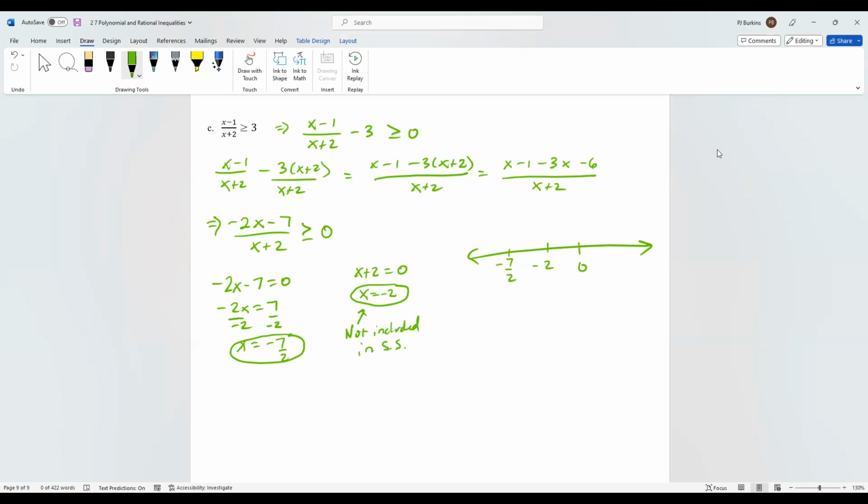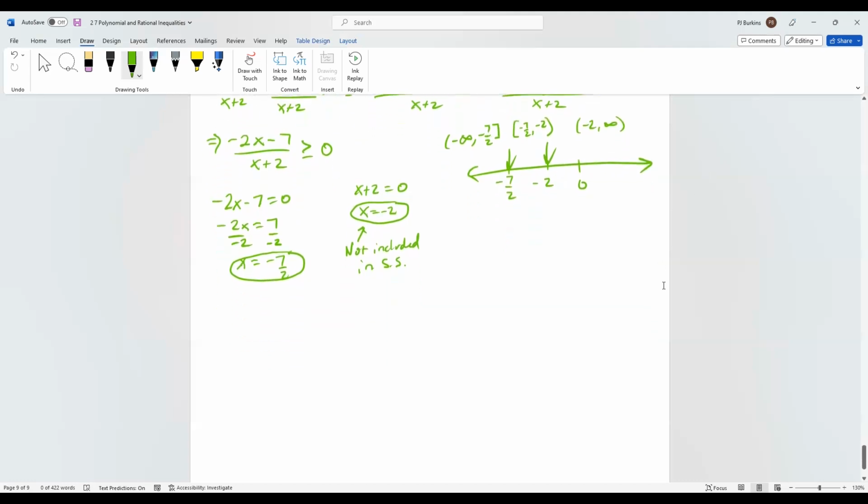These are our boundaries. They broke up our interval into 3 parts. Negative infinity to negative 7 halves, this one is included. Then negative 7 halves to negative 2, not included. And negative 2 to infinity.